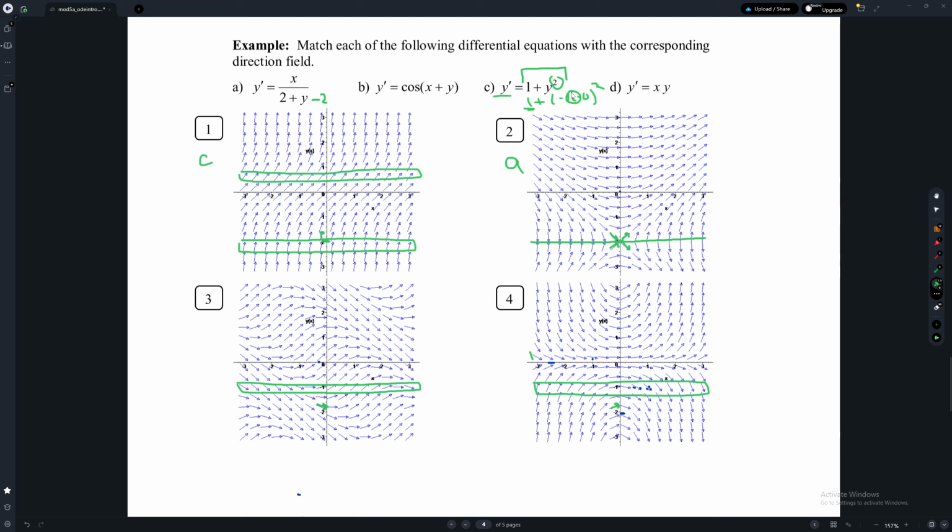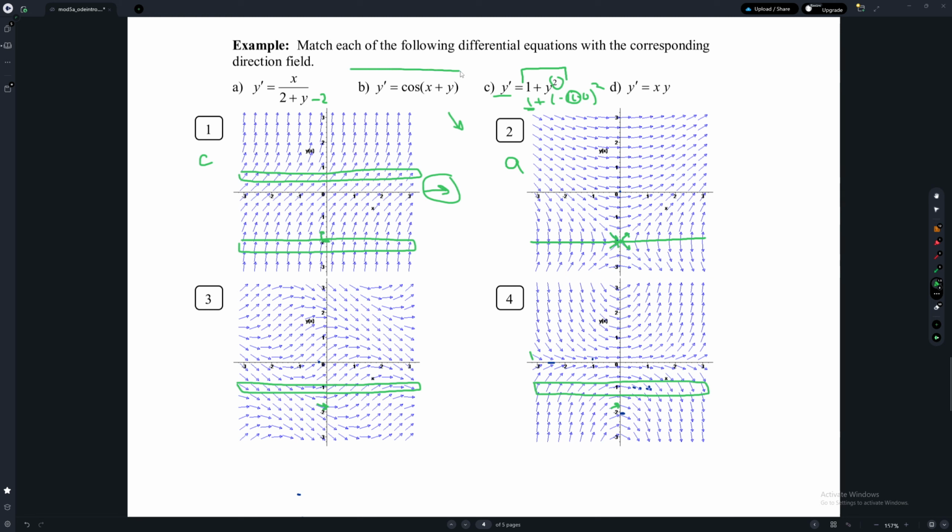If this was 0, 0 plus 1 is 1. So the minimum slope you get is 1, and your slope can never be negative. A negative slope points downwards. You see this doesn't point downwards anywhere, nor is the slope 0. A horizontal arrow means it's 0, and you don't see that anywhere. And so that's C, we found that.